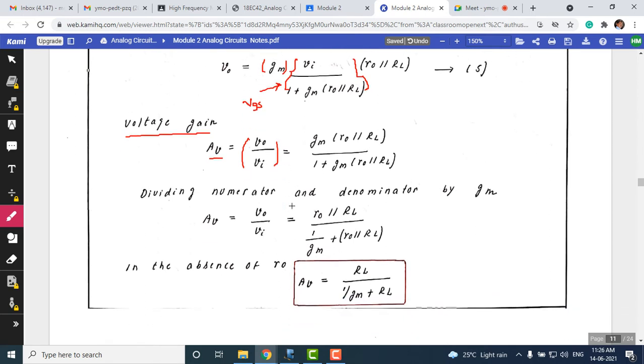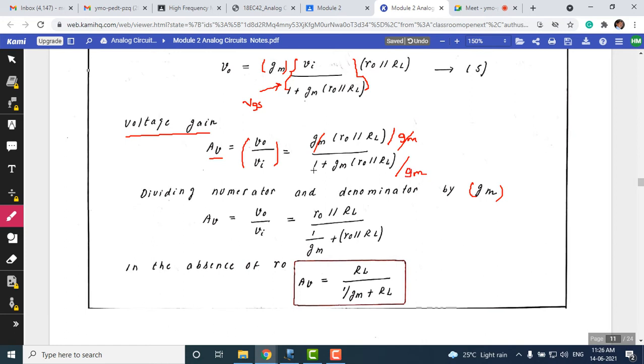We can simplify this equation further by dividing the numerator and denominator by the transconductance GM. Once we divide by GM, the GM cancels in the numerator, and we are left with R naught parallel with RL.